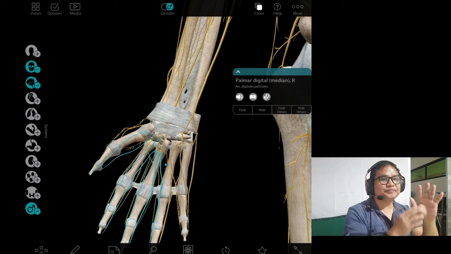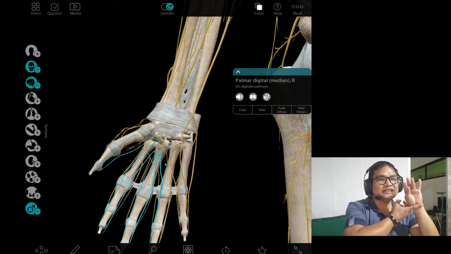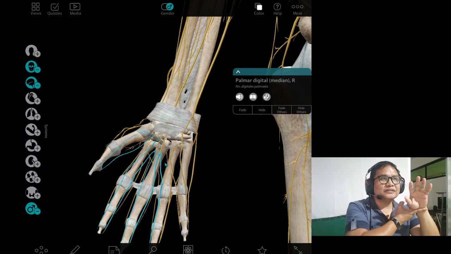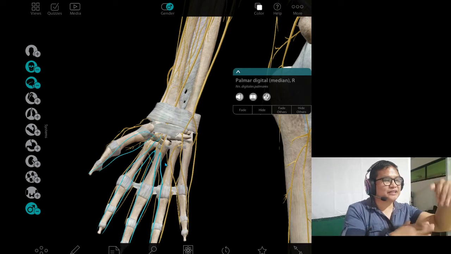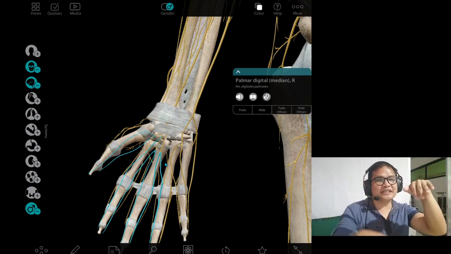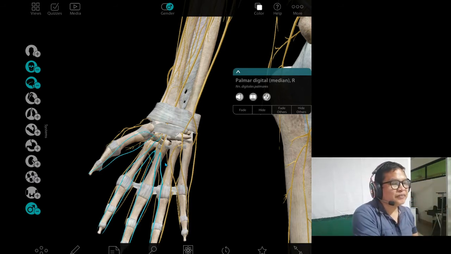When the nerve is compressed in this area, it is usually affected at night or early in the morning, when the one suffering from carpal tunnel wakes up and feels the numbness, especially if the hand is in a flexed position.